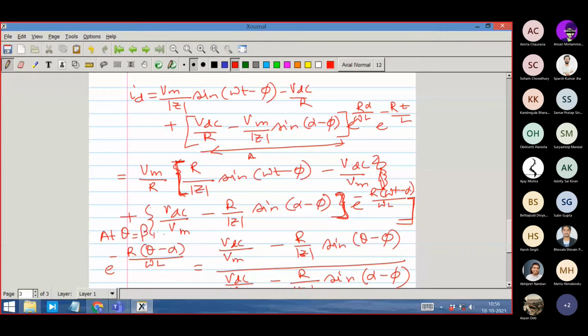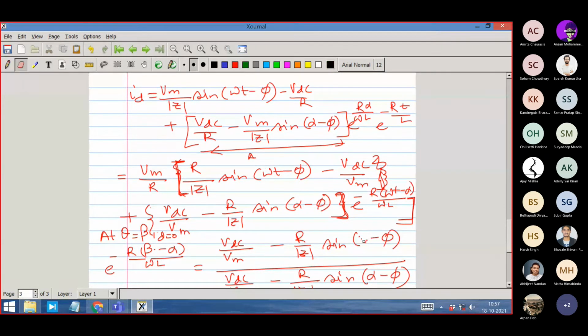So therefore, let me put here beta minus alpha in place of theta, in place of theta I put beta, at beta angle it has again become 0, and the bottom part is there.